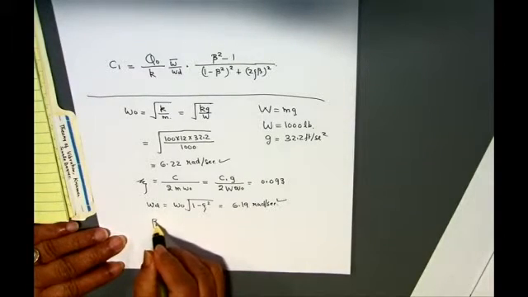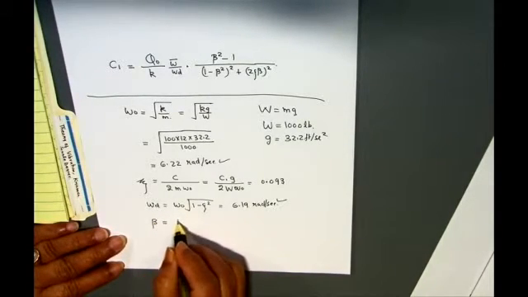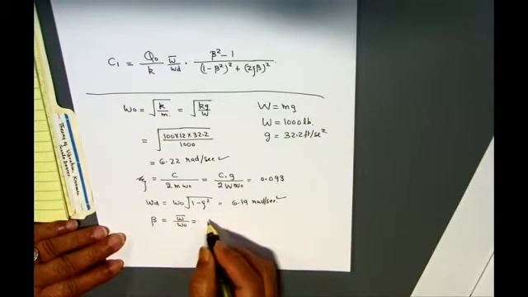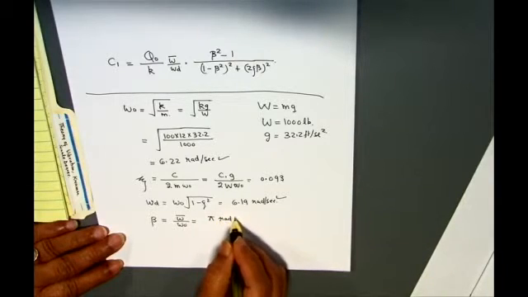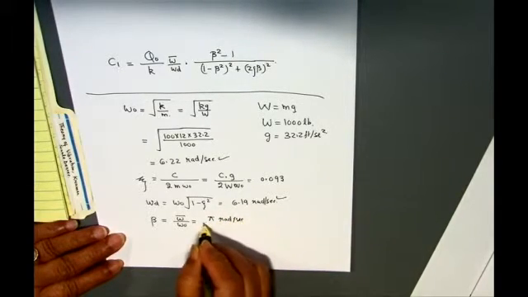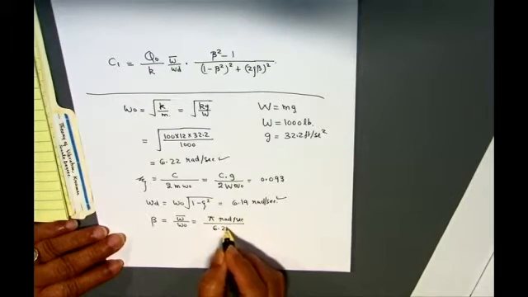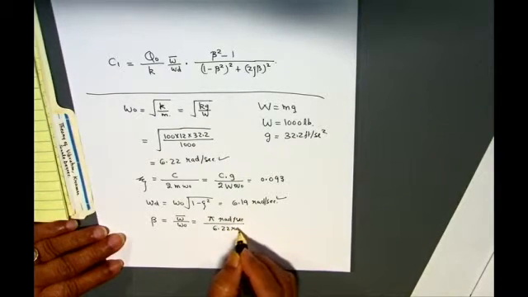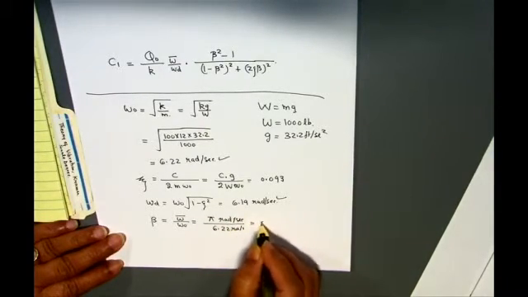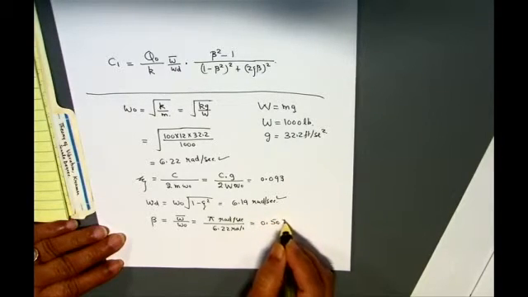We also need to calculate the value of beta, which is omega bar over omega 0, and that will be pi radians per second divided by 6.22 radians per second, so this comes out to be 0.505.